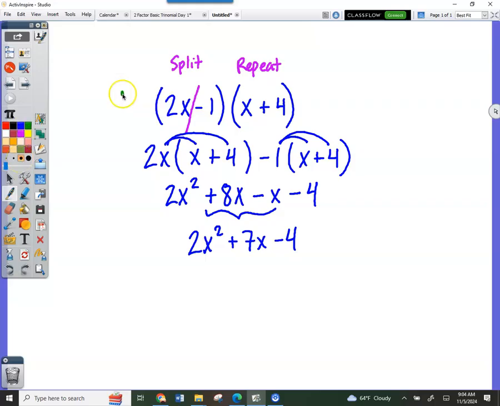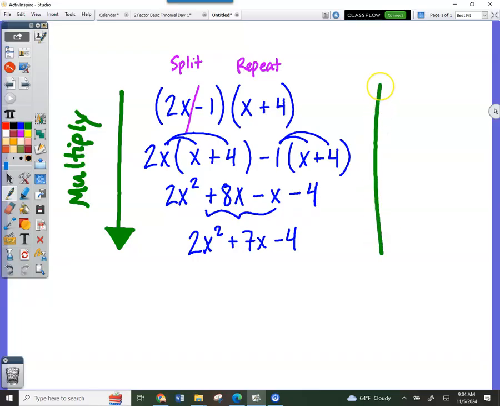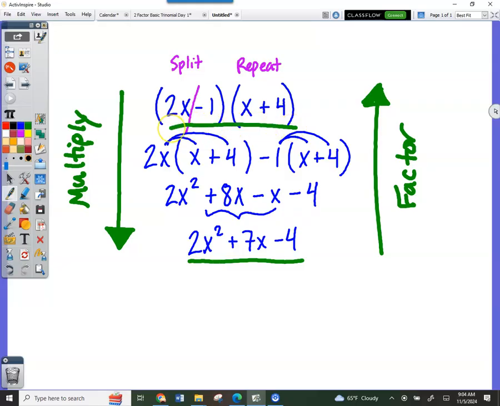This right here is called multiplying, or distributing. When you start here and you end here. This is called factoring. We're going to start here and we're going to end here.